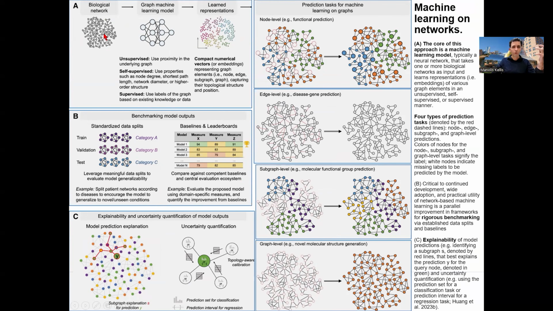I might have some biological network, I might have some graph machine learning model, and I will learn representations of either individual nodes, or individual edges, or subgraphs, and ultimately representations of the entire graph.